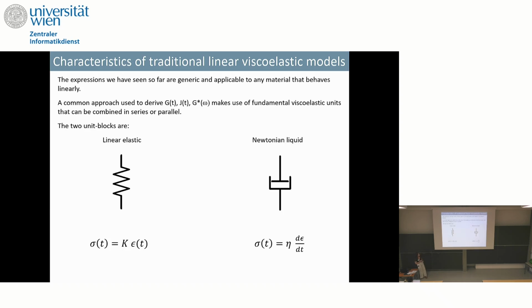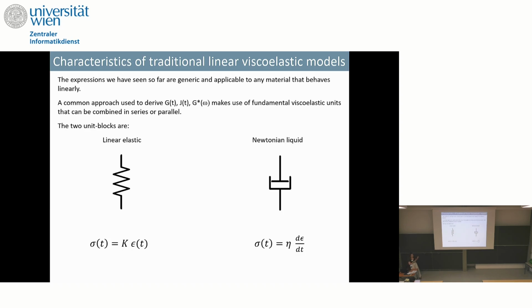As we were saying, this symbol, which is the spring, is associated to sigma that is linearly related to, let me call it, the zeroth derivative of the strain. And for the dashpot, the Newtonian liquid, the stress is related to the first derivative of the strain.